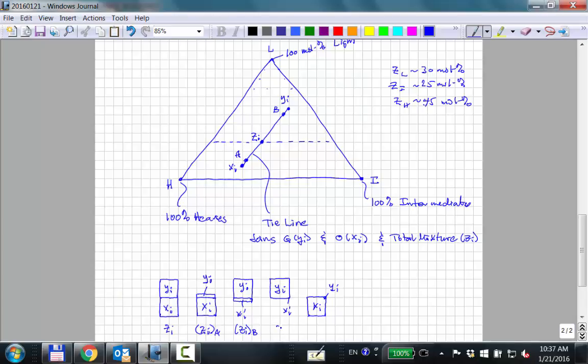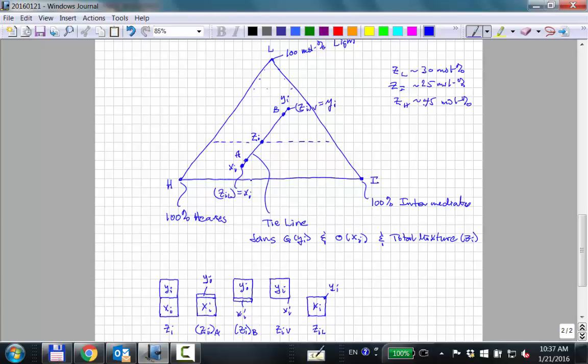And this I'm going to call Zi vapor. All that's left is vapor, and Zi liquid. Okay? Well, that's this point here. Zi vapor is this point here, that's equal to Yi. And that Zi liquid is just equal to the oil composition.